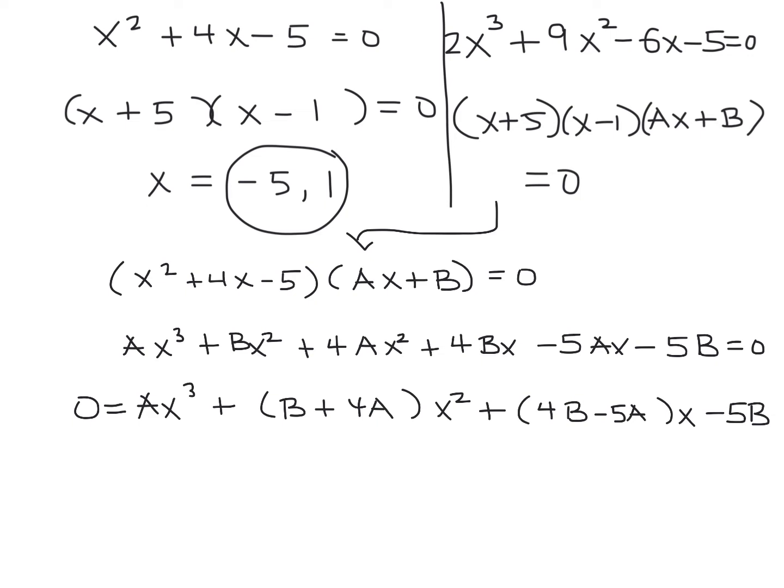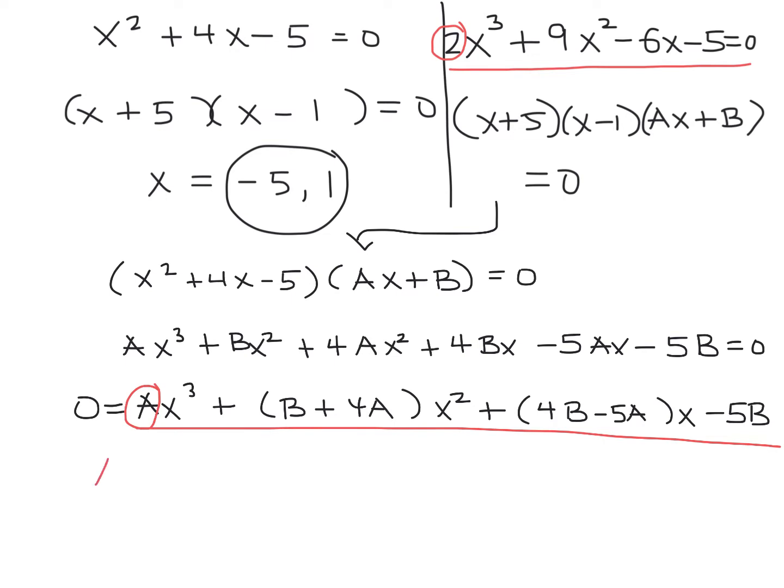All right, now what we can do is just compare this to the original equation up here. It should be identical. So that means that this coefficient has got to be the same as that coefficient. So immediately we can conclude that a is equal to 2. And then to make our life easy, let's just go to the last one. We can conclude that this is the same as this one up here.